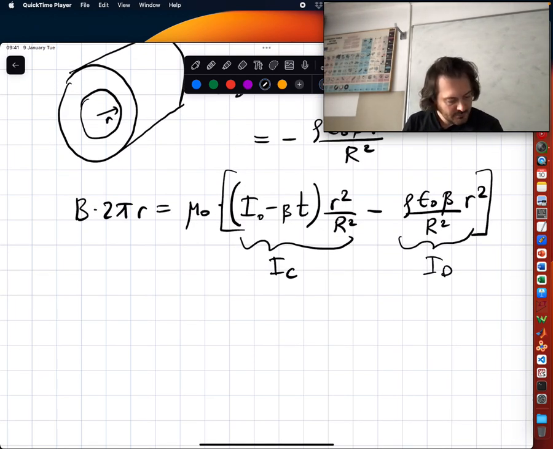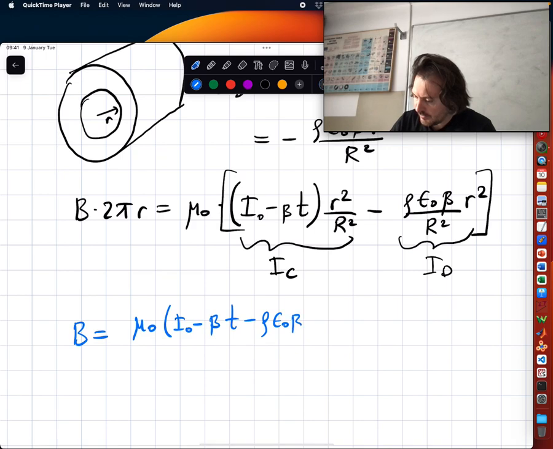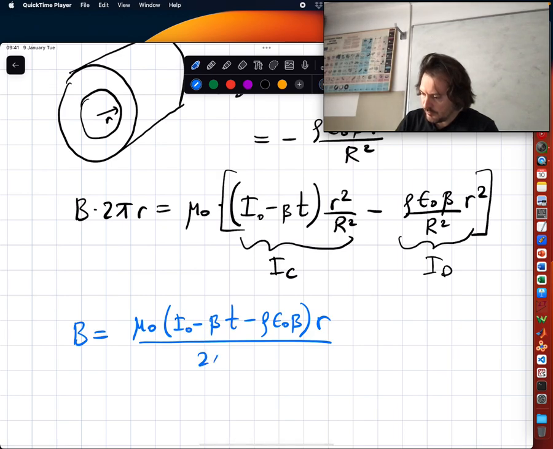So as a result, let me just copy from here and we can check whether this is correct or not. B is equal to, let's take out the common factors, mu 0 times small r times I0 minus beta t minus rho epsilon 0 beta r over 2 pi big R squared.